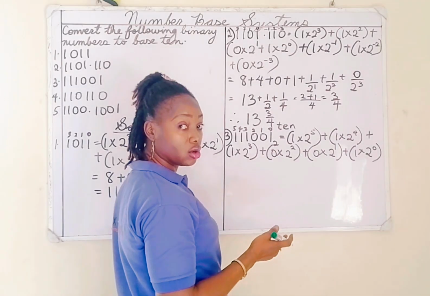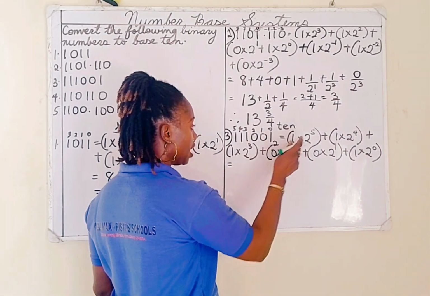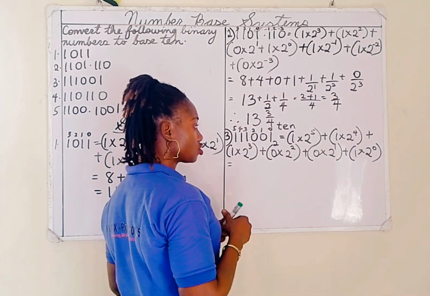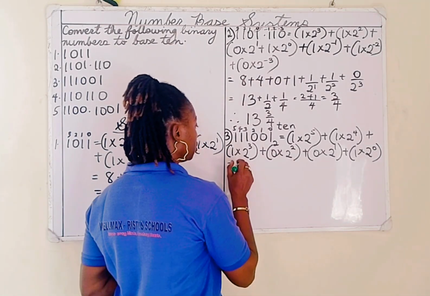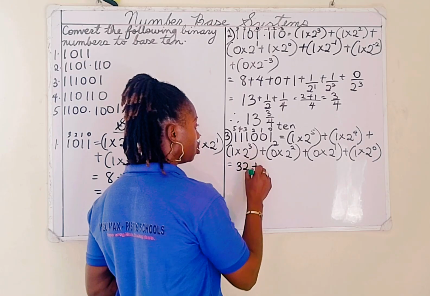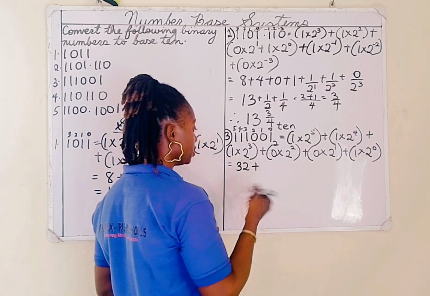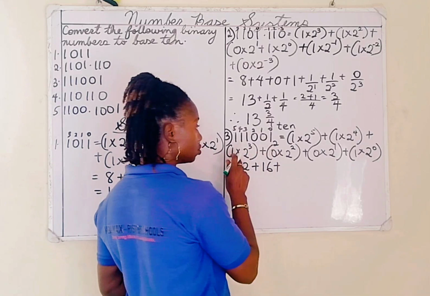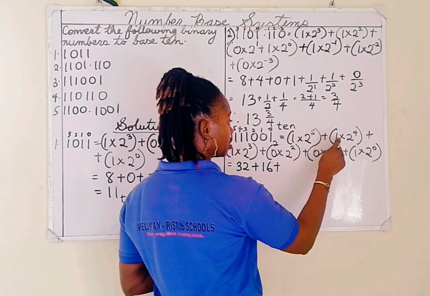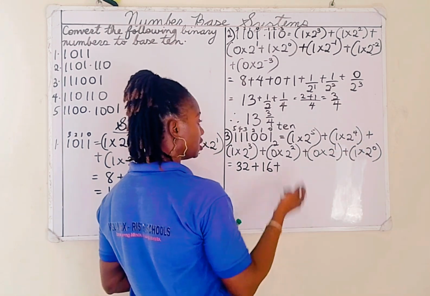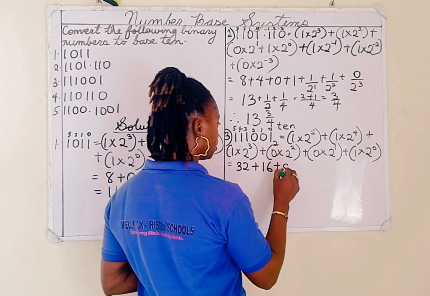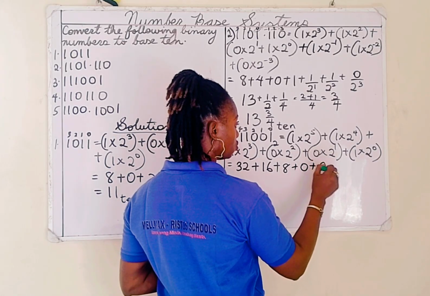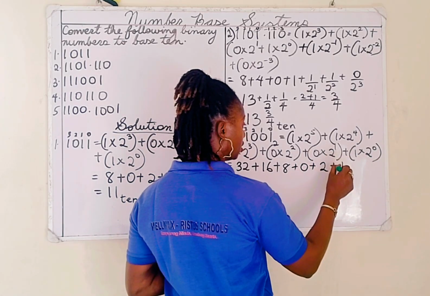Then we can now add all together. So we have 2 to the power of 5, what is that? That's 32. We have 32 plus 2 to the power of 4 is 16, plus 2 to the power of 3 times 1. Remember, always look at the number you're multiplying with. Okay, 1 times 16 is 16, 1 times 8 is 8, 0 times 4 is 0, 0 times 2 is 0, 1 times 1 is 1.